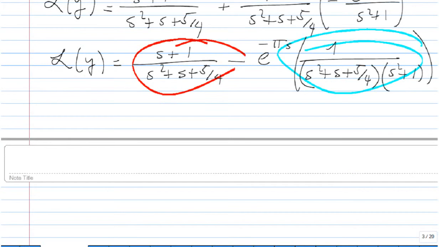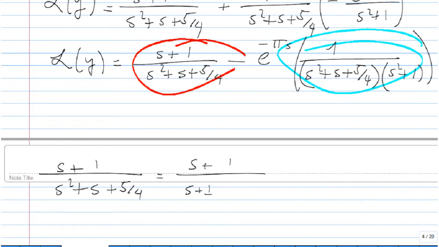So the first one, the inverse Laplace of the red one. Here, we're looking at s plus 1 over s squared plus s plus 5/4. We need to do the partial decomposition technique, and therefore we need to look at the bottom, and we find that the bottom has complex roots, so what we're going to do is complete the square. If we complete the square, we'll find s plus 1 over s plus 1/2 squared plus 1.